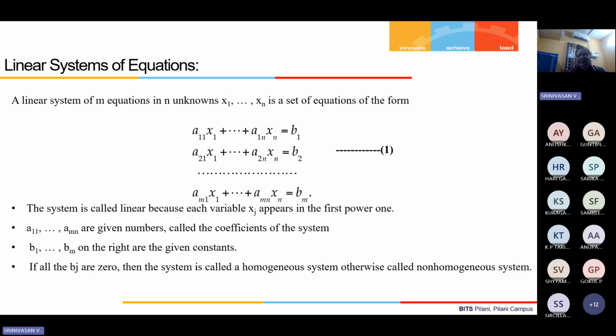And what is meant by linear? Linearity means the degree of the equation is 1. That is, every variable in an equation has a maximum power of 1. Then that equation is said to be of degree 1. For example, suppose you have ax square plus bx plus c equal to 0.